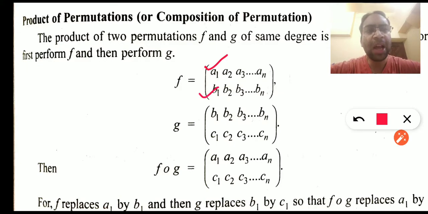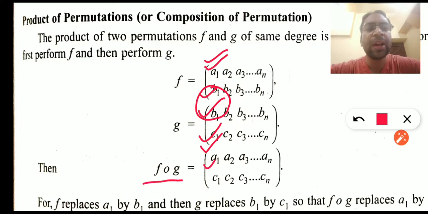In the second mapping, we find where B1 is mapped. In g, B1 is mapped with C1. So we eliminate the common element and we have a new mapping, A1 to C1. This will be the resultant composition mapping f o g. So A1 will be mapped to C1.